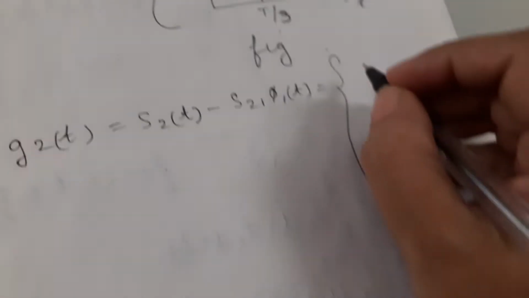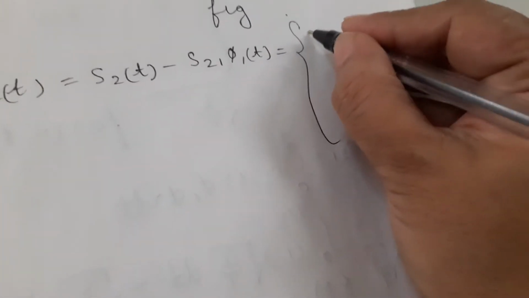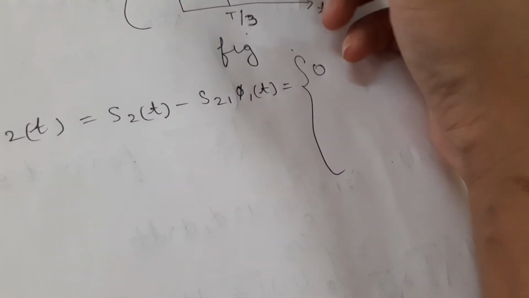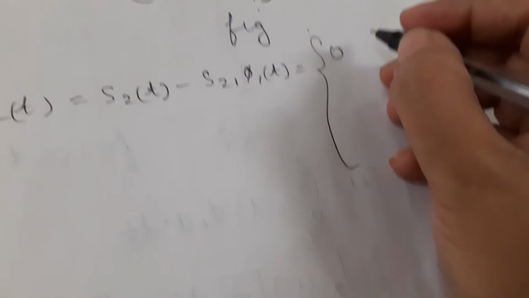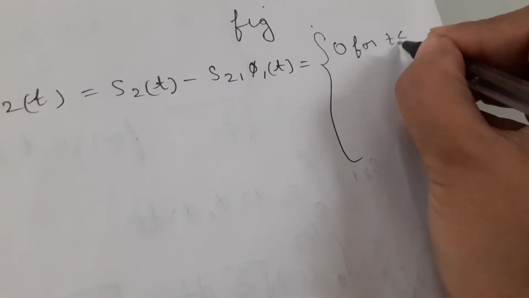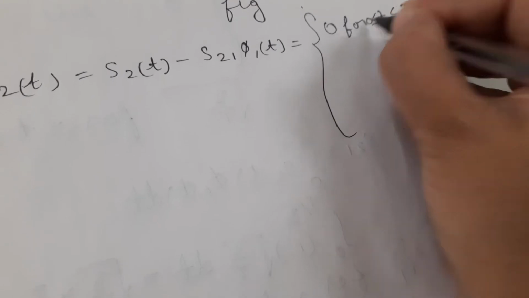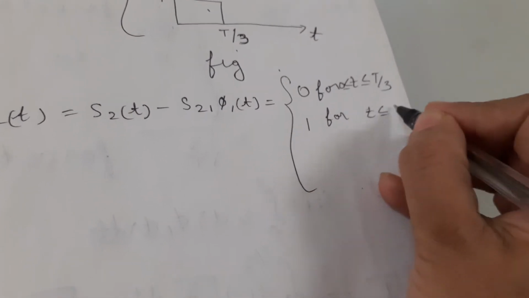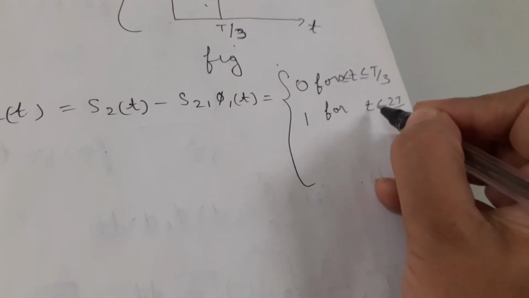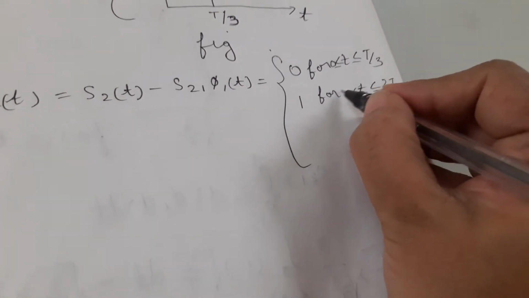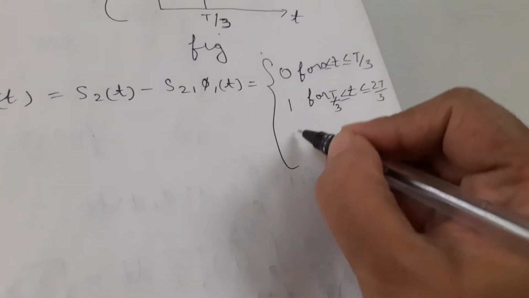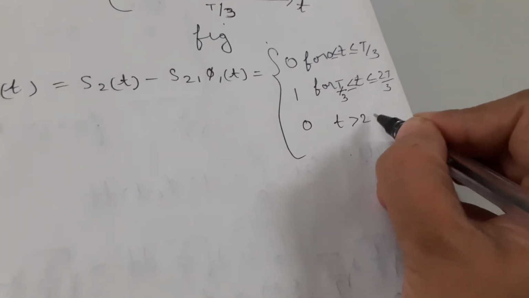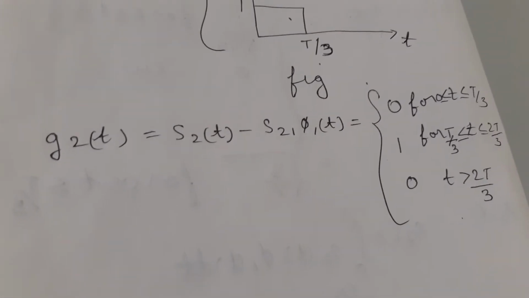I'll write the value: you will get 0, which is not superposing, for t from 0 to T by 3, and 1 for t between T by 3 and 2T by 3, and 0 for t more than 2T by 3. So this is the value of g2 of t.